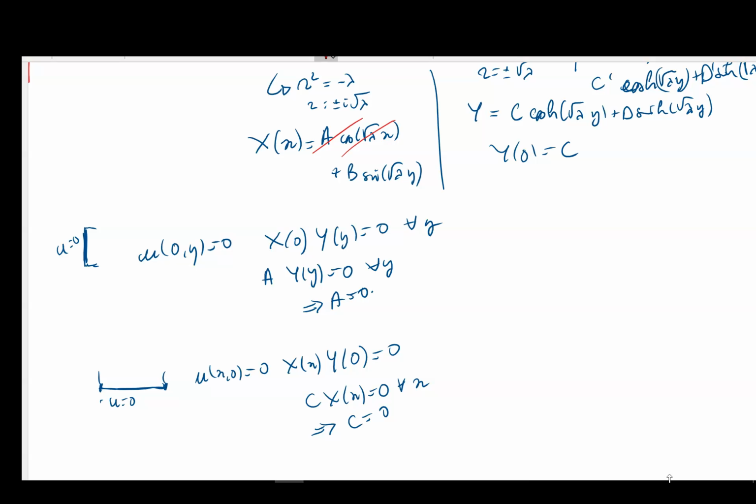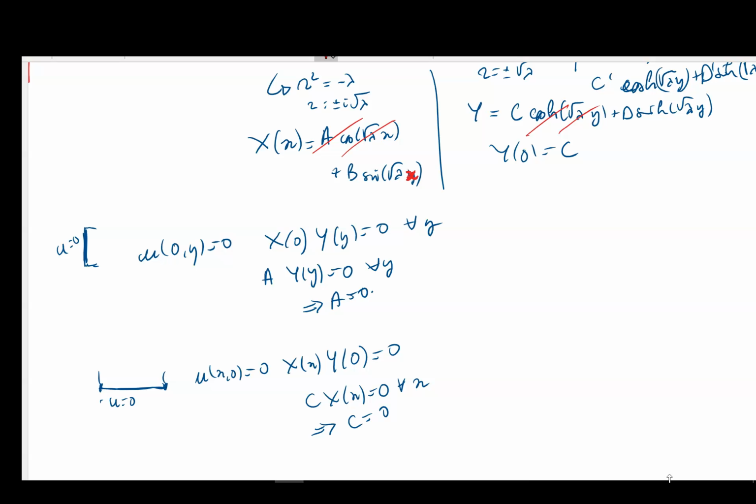Up to now, that's just what we would expect. So I'm left with just b sin of square root of lambda x and d sinh of square root of lambda y. Sorry, that was an x here: square root of lambda times x, and the d sinh of square root of lambda times y.